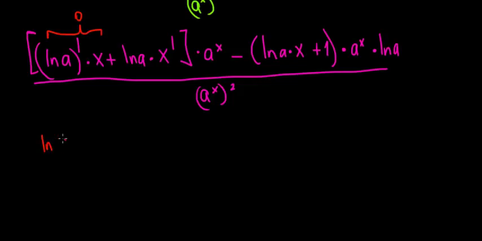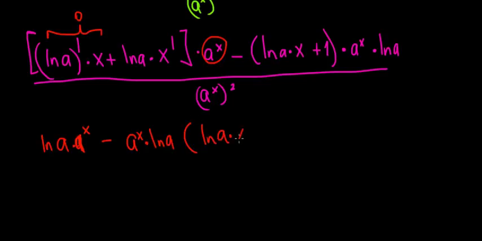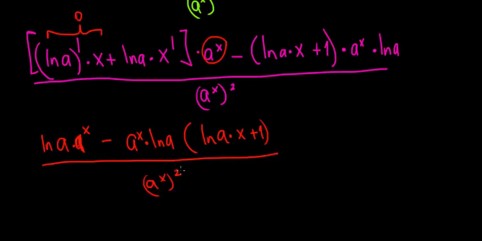So we have ln of a times a to the power of x, minus ln of a times a to the power of x, minus, and here we have a to the power of x times ln of a multiplied with this bracket, which is ln of a times x plus 1, divided by a to the power of x squared.